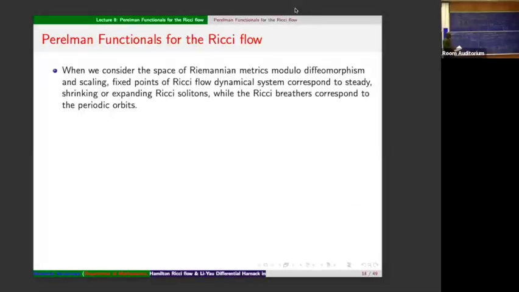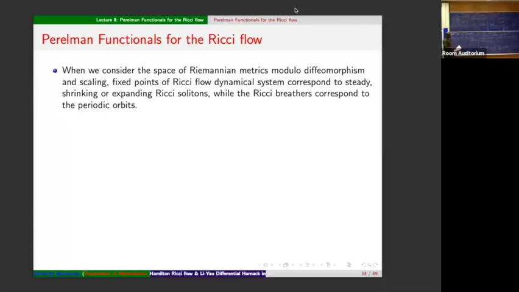When we consider the space of Riemannian metrics modulo diffeomorphism, the modified Ricci flow that Perelman has requires quotienting out the diffeomorphism invariance before he was able to get Ricci flow as a gradient flow of that energy functional.